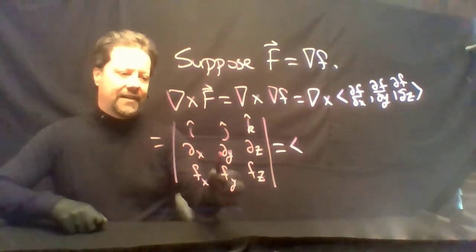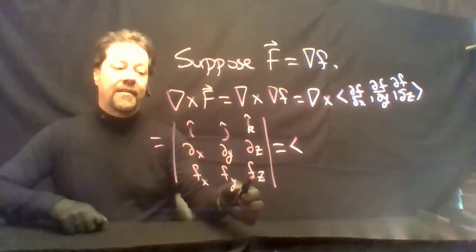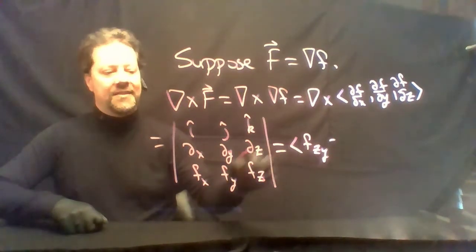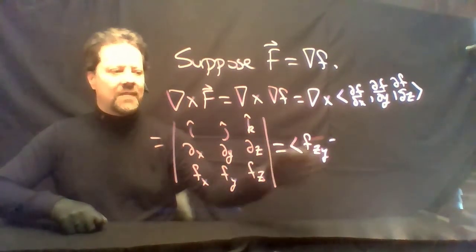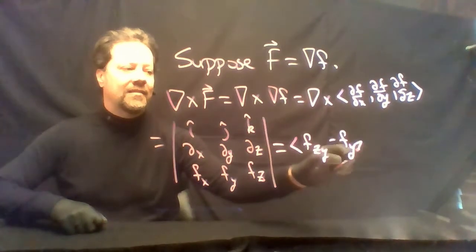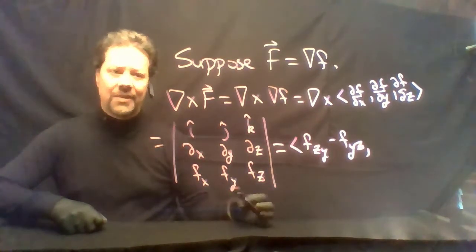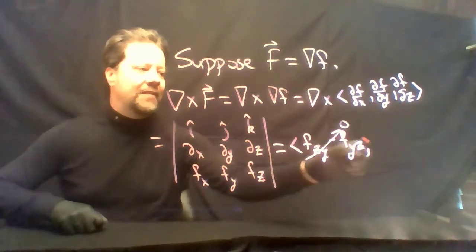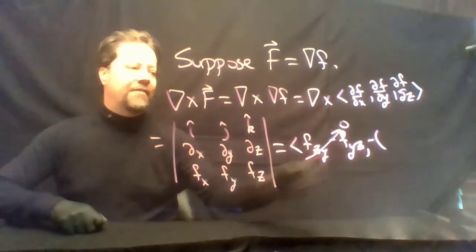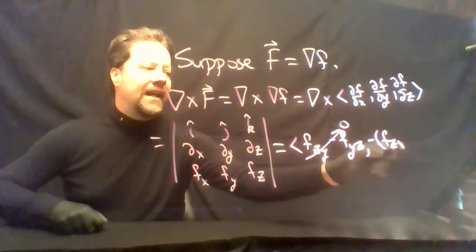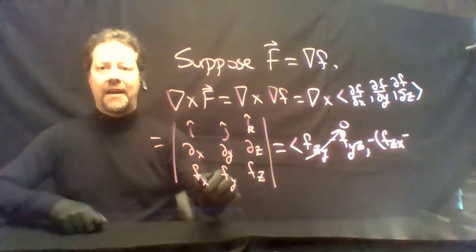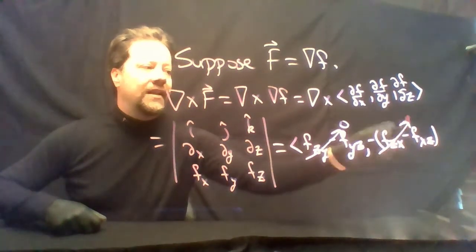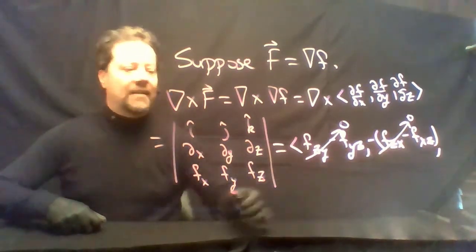We have then fzy minus fyz. Well, Clairaut's theorem says that that's 0. Then we get minus fzx minus fxz, which again is 0 by Clairaut's theorem.